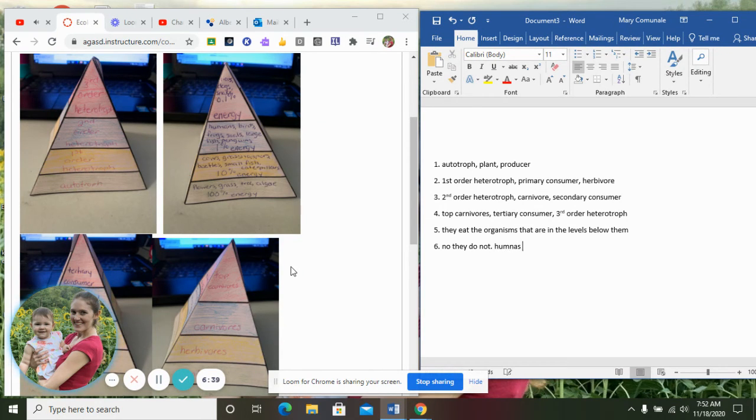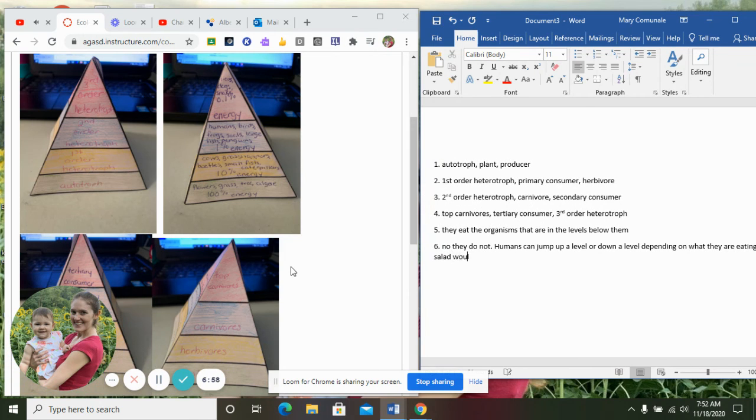I'll use humans here. Humans can jump up a level or down a level, depending on what they are eating.